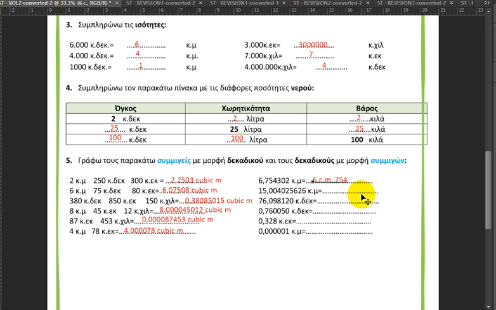And then we have 754 cubic decimeters. Sorry, this should be 54. Why did I write that? And then we have 302 cubic centimeters. Okay, great.